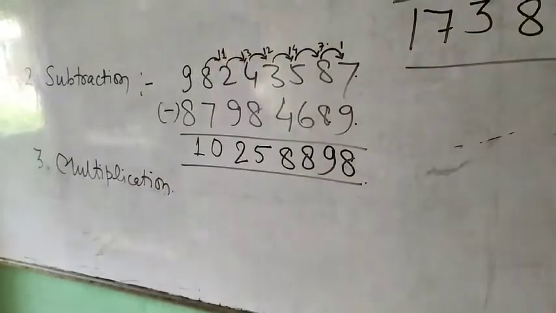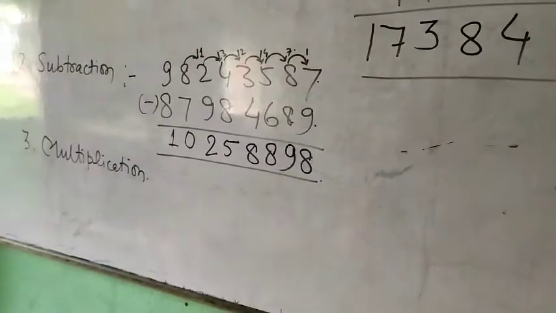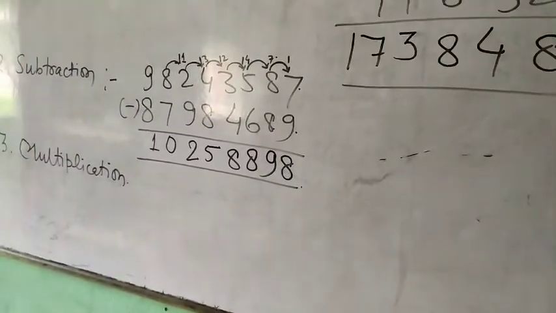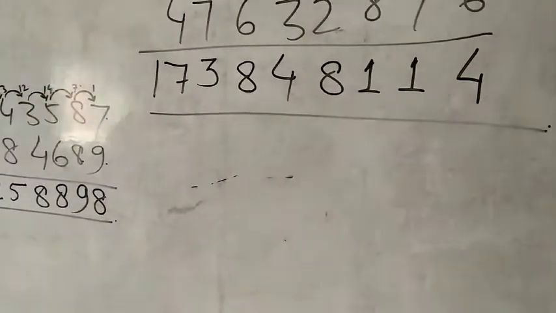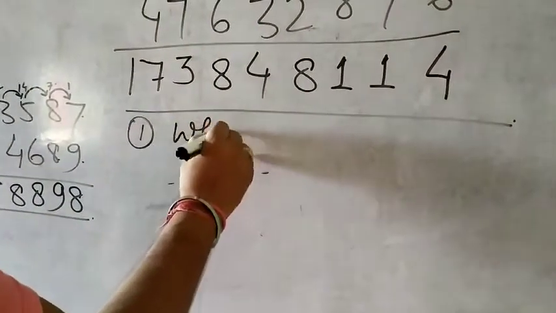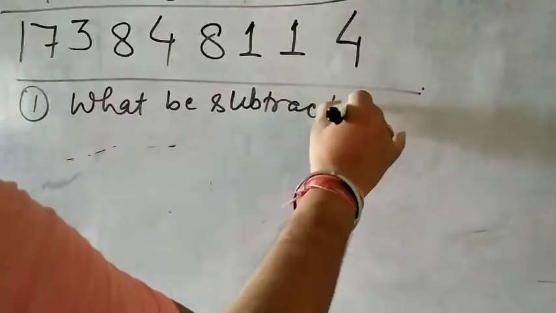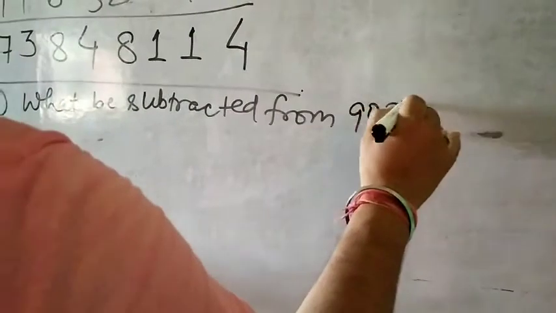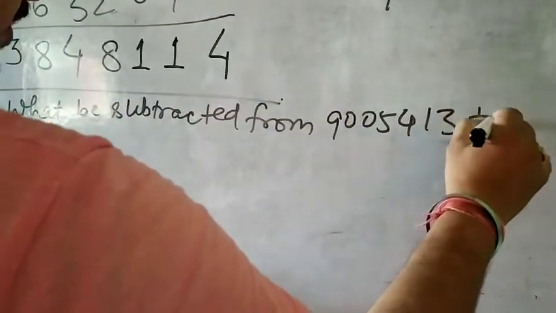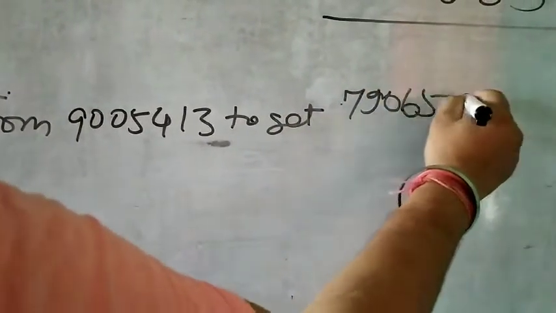Your next question is from the language problem of the subtraction format: what we subtracted from 9005413 to get 7906547.